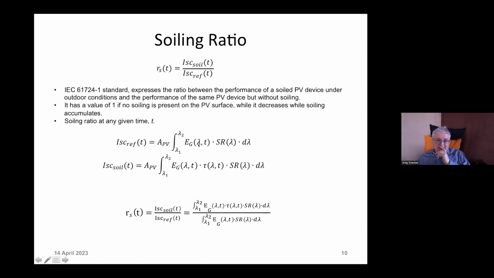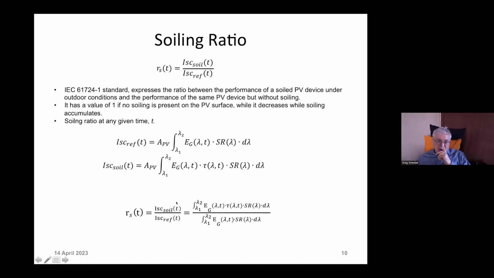So you have this integral that I already told you about. In the case where you have a soiled panel, then you can talk about this transmission. And the transmission is limited by both the transmission of a glass cover or a dirty glass cover.